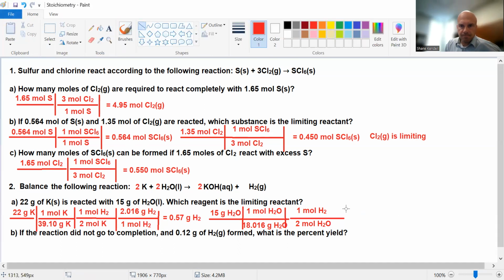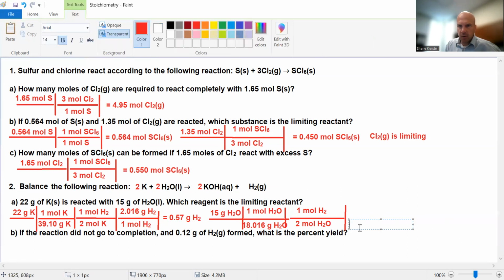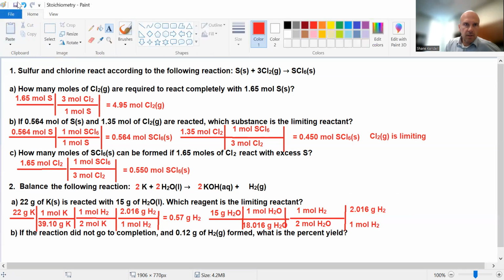Okay, and so then the last step would be to convert to grams. So again, this part's exactly the same as what it was in the previous calculation. And so we would have our 1 mole of H2 is the same as 2.016 grams of H2.